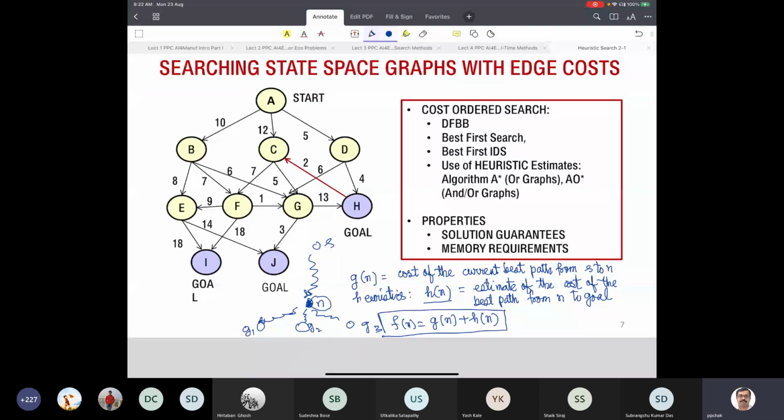It has two components. One is the current best cost up to n and the estimated cost from n to goal.